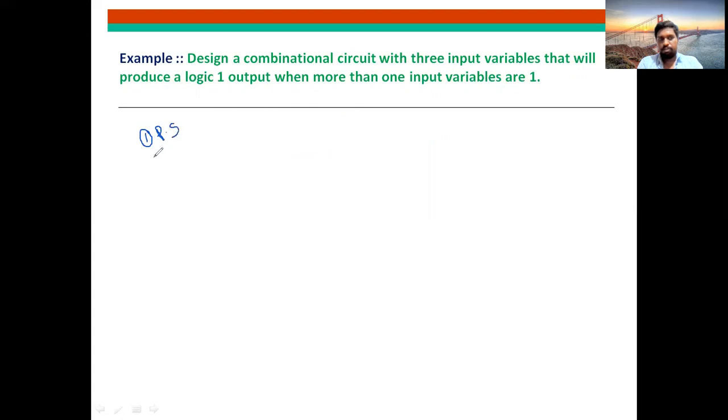What is step number 2? Finding the input and output variables. In the question they clearly gave 3 input variables, so your input variables will be 3. Then how many output variables?